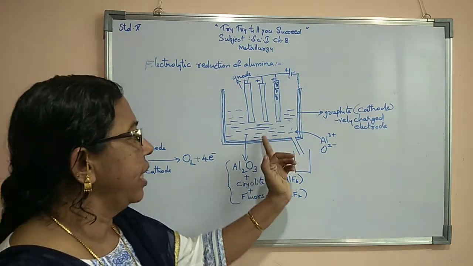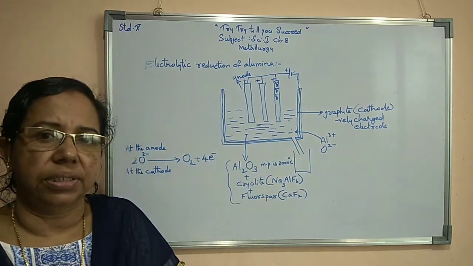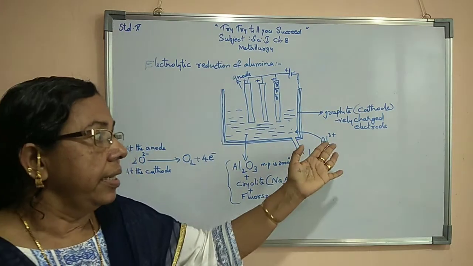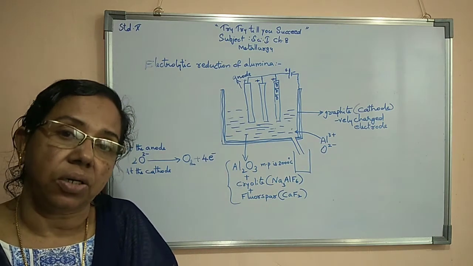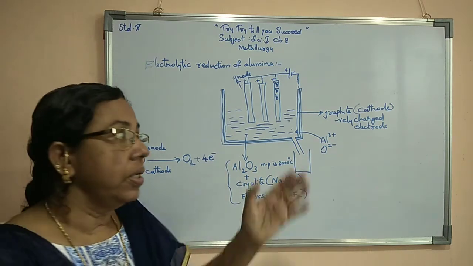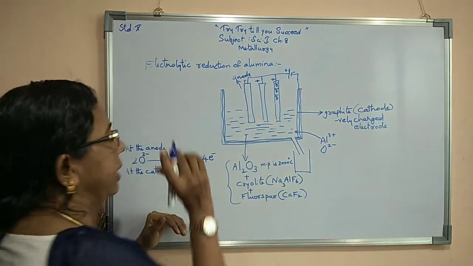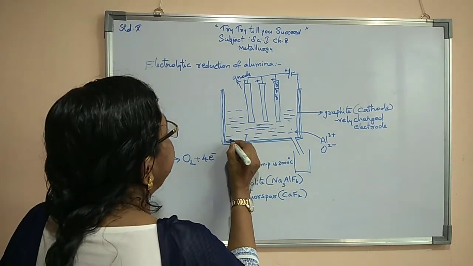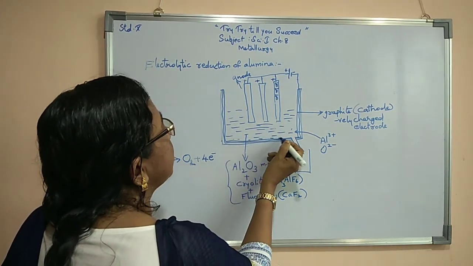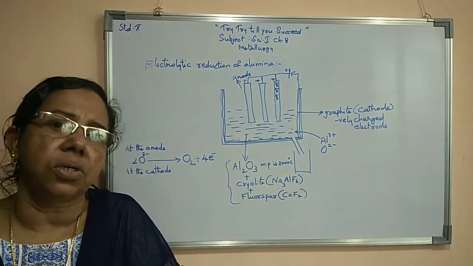Each aluminium atom has already lost 3 electrons, and in that ionic condition they are coming towards the lining, that is, the cathode. As and when they reach here, the cathode is full of electrons, and these aluminium ions will receive electrons.